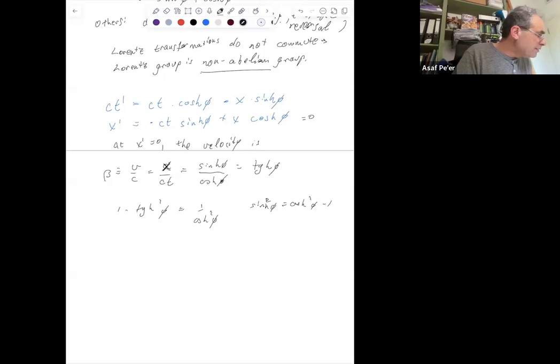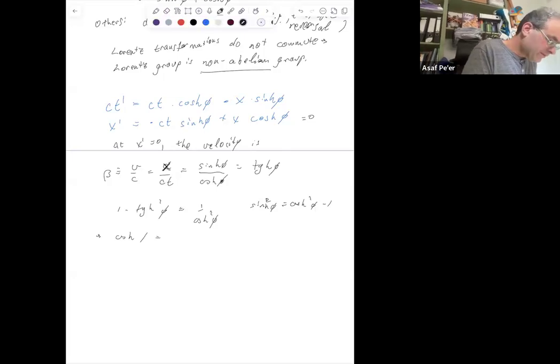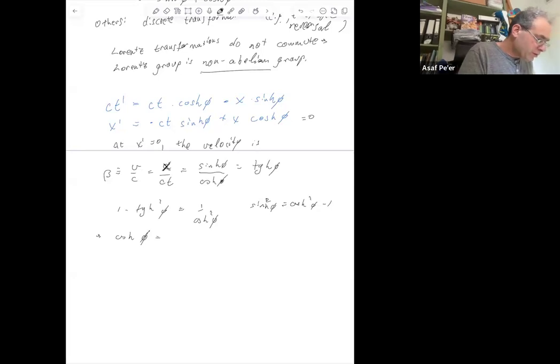So from here we get that cosine hyperbolicus of phi, without the square, is 1 minus tangent hyperbolicus squared of phi, to the power minus 1/2.